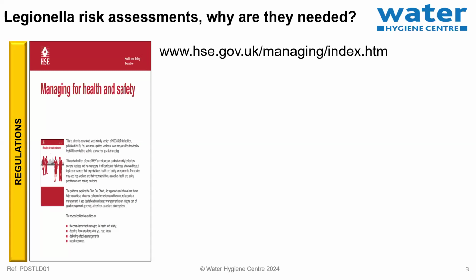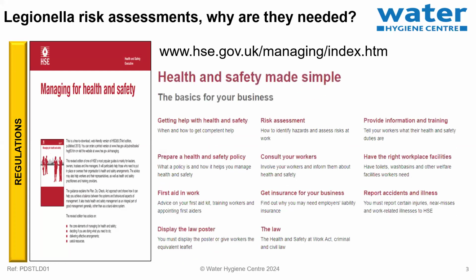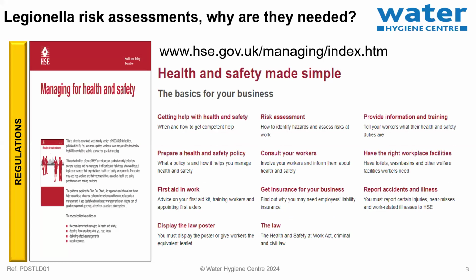We should ensure that there is adequate and appropriate supervision in place, consulting with employees about their risks at work and current preventative and protective measures, for example. So this is all good stuff. As you can see, that information is readily available from the Health and Safety Made Simple page on the HSE government website. Worth downloading, and it's just the basics for your business.